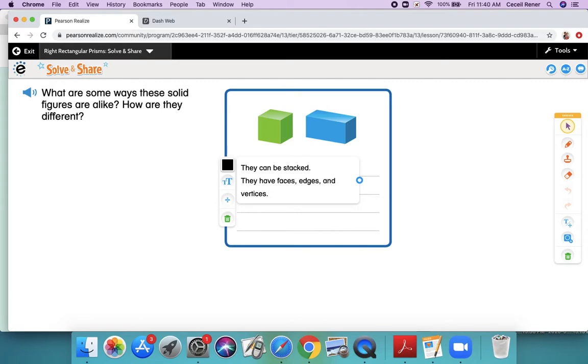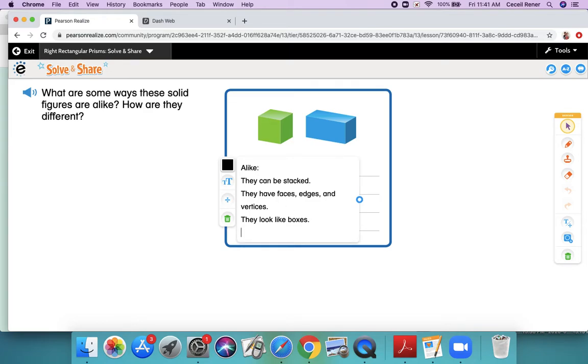What do they look like? You might be getting deliveries of these. They look like boxes, okay? So that's how they are alike. And you know what? I want to label this. So I'm going to put this, how they are alike. I should put that to begin with.